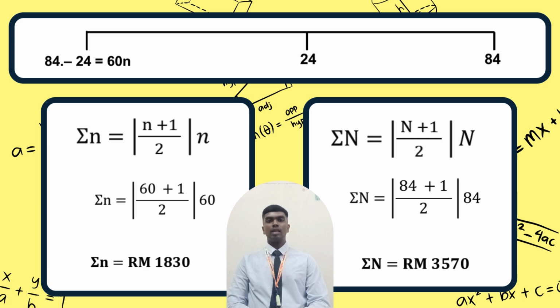The answer for sigma small n is 1830. The second step is to use the formula sigma big N equals big N times (big N plus 1) divided by 2, which is 84 times (84 plus 1) divided by 2.